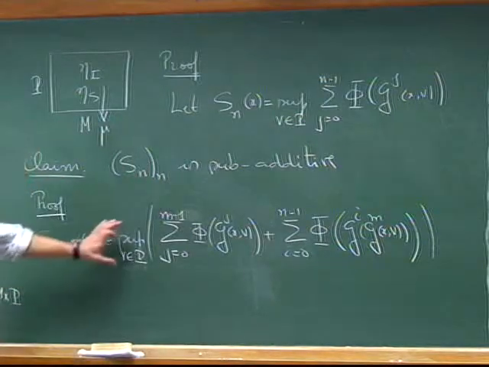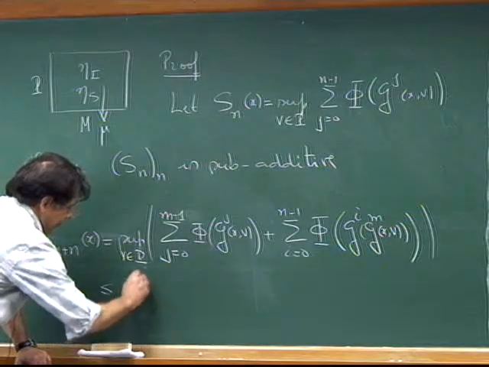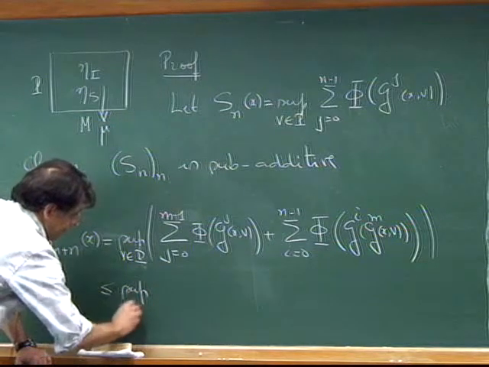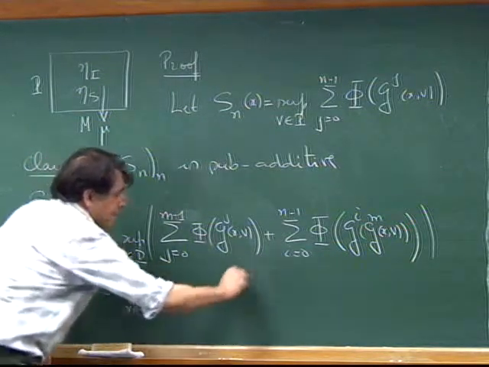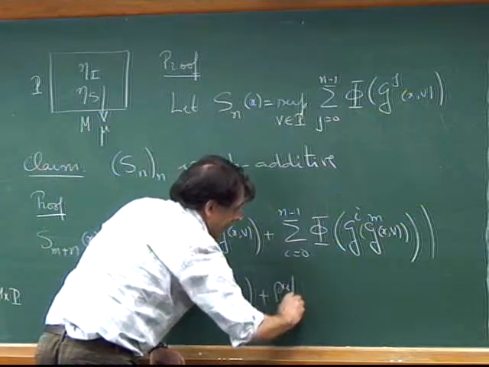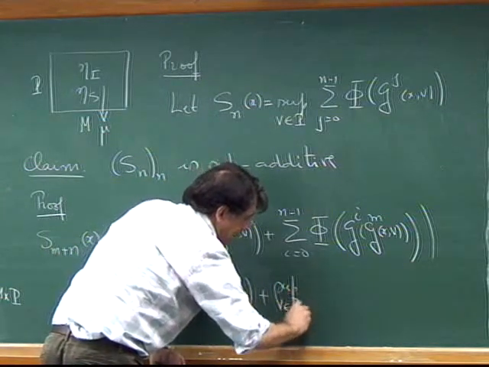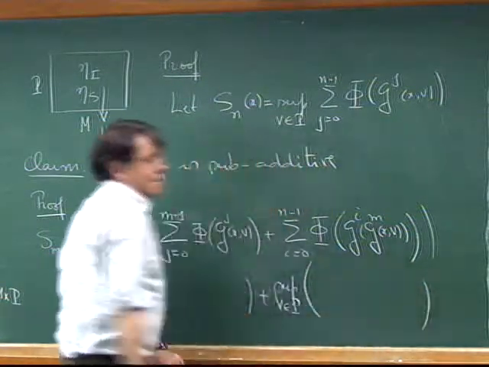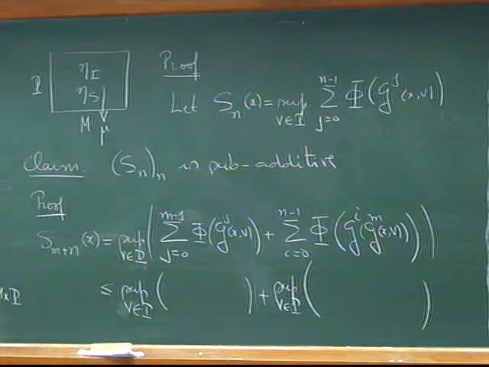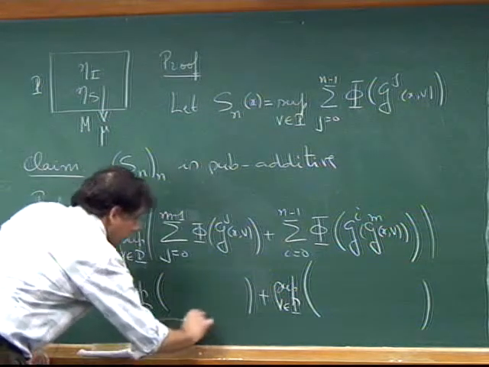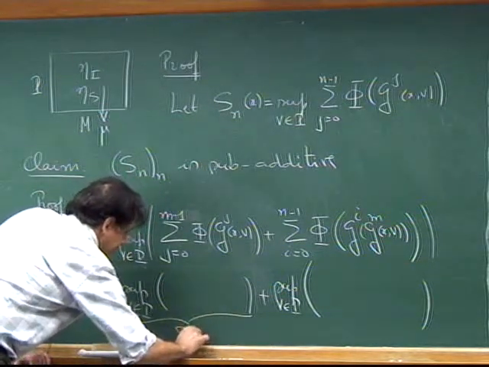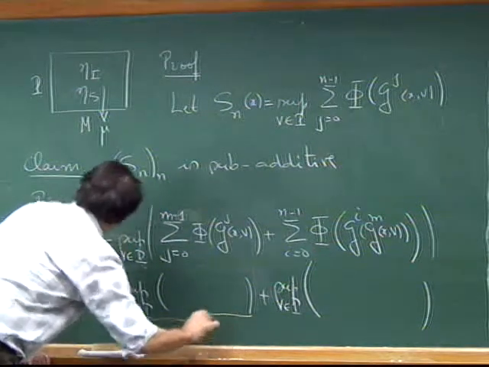Now, the supremum of a sum is less or equal than the sum of the two supremums. And now if you look at the two terms, this is precisely S_m of x.